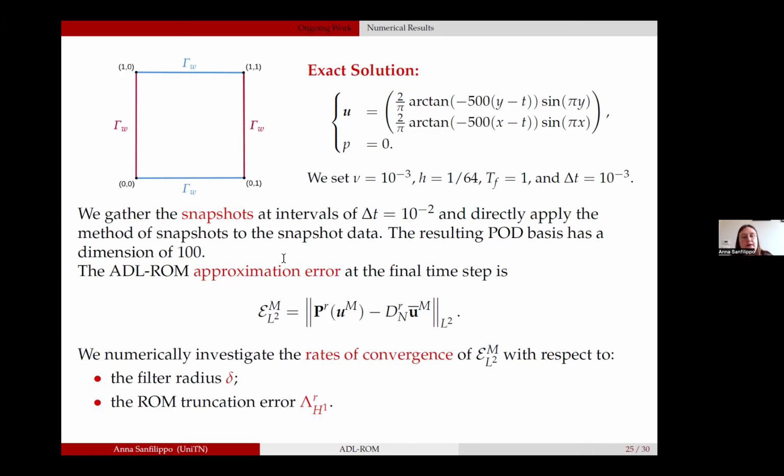And we use the POD, we compress them, we take 100 basis functions, and we calculate these rates of convergence for now only with respect to the filter radius and the truncation error. We are finishing now the last test for the time step.